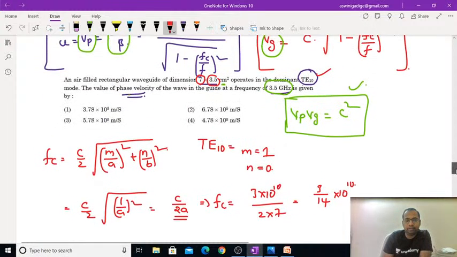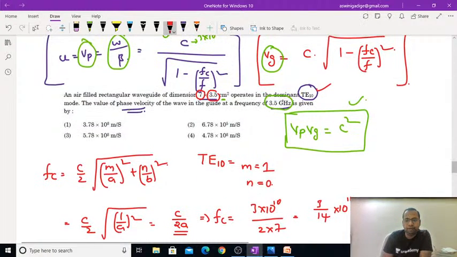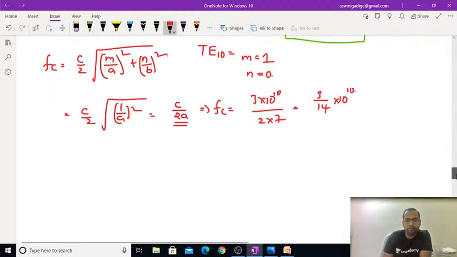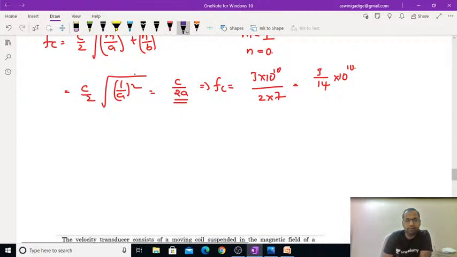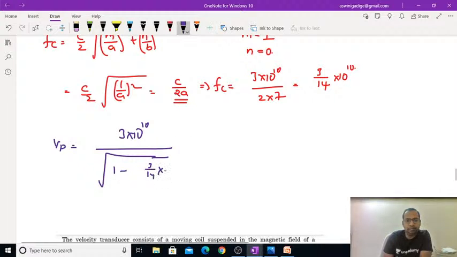Fine. And after this, once you got the cutoff frequency, then you have to substitute here. So my phase velocity becomes equal to 3 into 10 power 10 divided by root of 1 minus Fc, Fc I got as 3 by 14 into 10 power 10, whole divided by f.